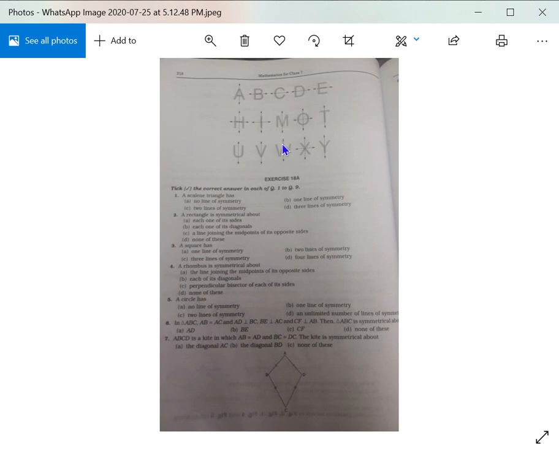M has only a vertical line. O has horizontal and vertical. T is again a vertical line. U is again vertical. V has a vertical line of symmetry. W and Z are... W has a vertical line of symmetry. X has horizontal and vertical both, and Y has a vertical line of symmetry.